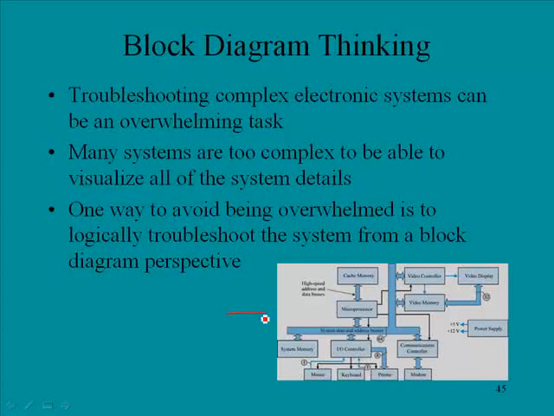Earlier in this chapter we looked at block diagrams, and we observed that block diagrams just gave us the big picture of a system and didn't give us the detail. This is often helpful when trying to diagnose a problem in a large system, because you don't want that much detail. You actually get lost in the details, so you want a bigger picture, which a block diagram can provide.